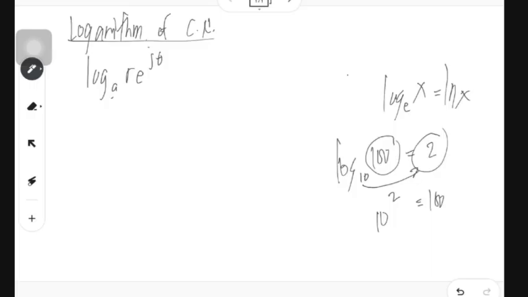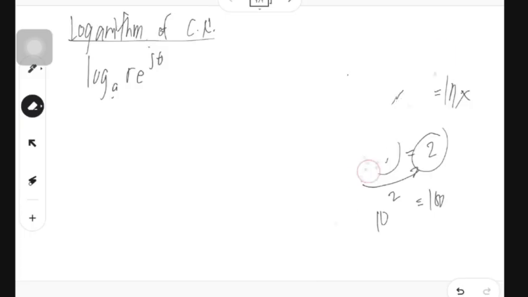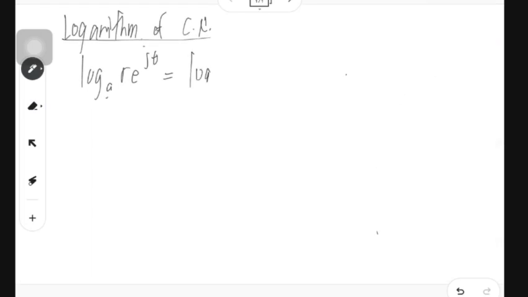Okay? Now, let's continue. I hope you can follow. Using the property on logarithm, it can be rewritten as the logarithm of r to the same base a plus the logarithm of e to the j theta to the same base a.